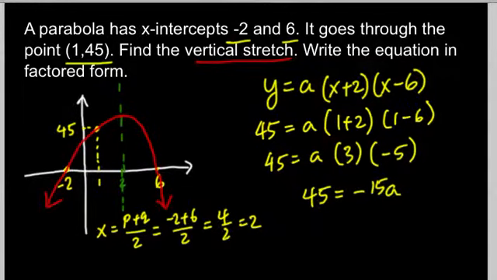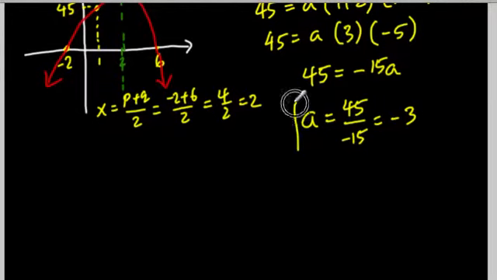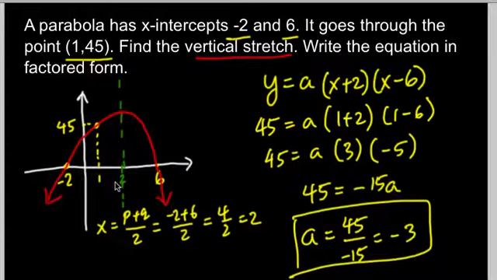And finally, a is going to be 45 divided by -15, which is equal to -3. So my vertical stretch is 3, and the negative tells you that there's a reflection across the x-axis, which makes sense. We can see that it's facing down, so there is definitely a reflection across the x-axis.